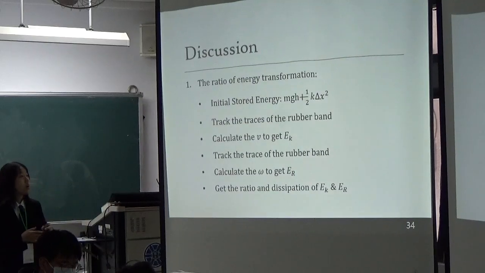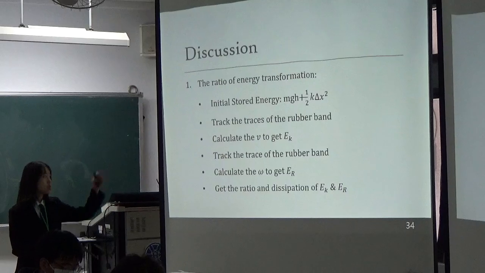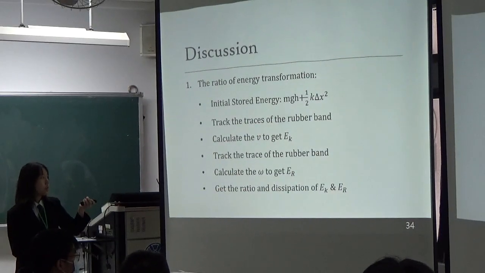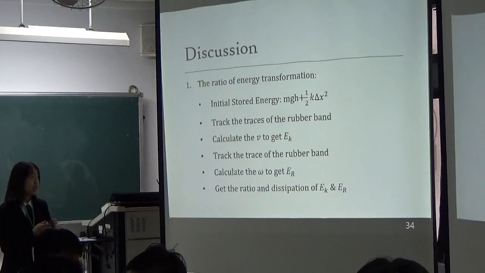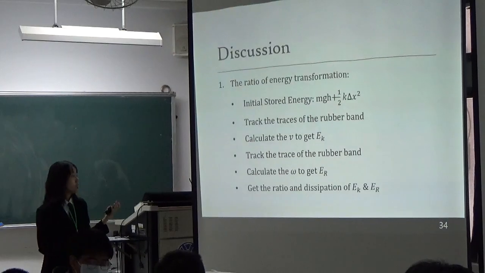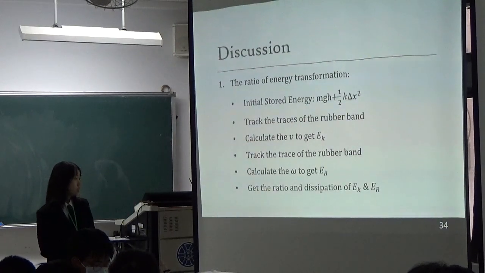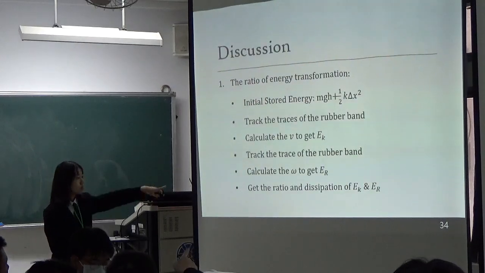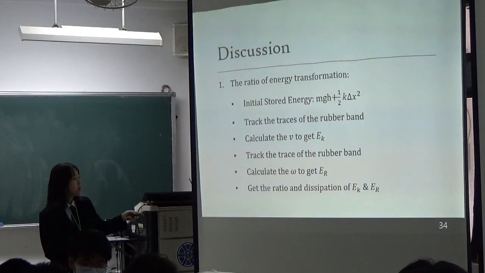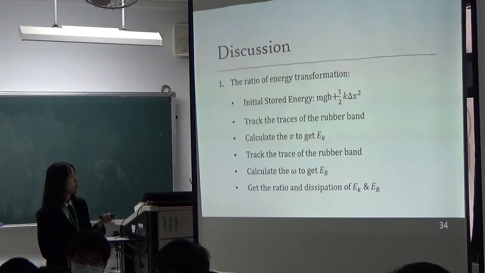In further experiments, I can first calculate the initial stored energy, then track the trace of the rubber band to calculate the velocity and get the kinetic energy. I also have to calculate the rotational velocity to get the rotational energy. Then I can get the ratio and also the dissipation in the energy transformation.